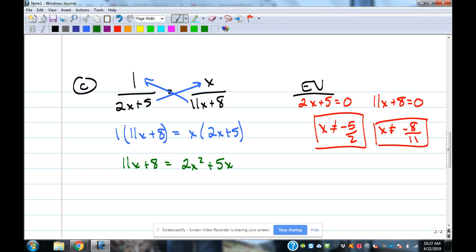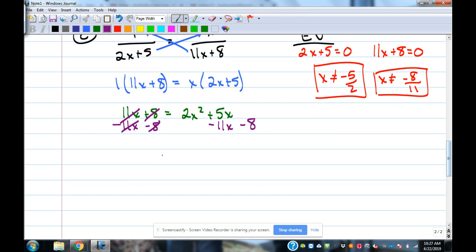Either way will work for this one, but quadratic formula always works. So we want to get it equal to 0. So I'm just going to move the 11x and the 8 by subtraction. There's 0 equals 2x squared minus 6x minus 8.